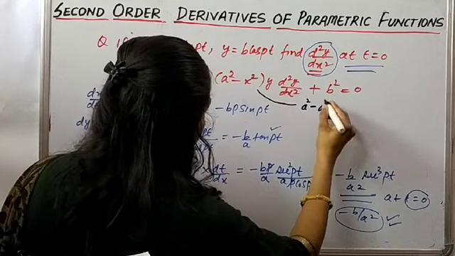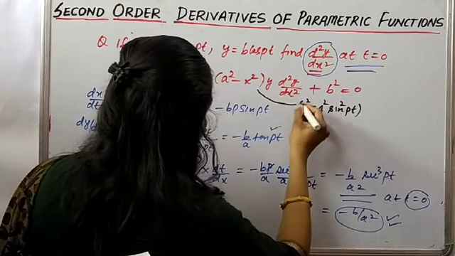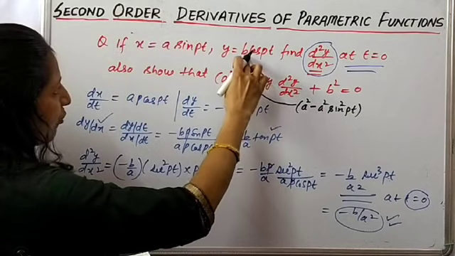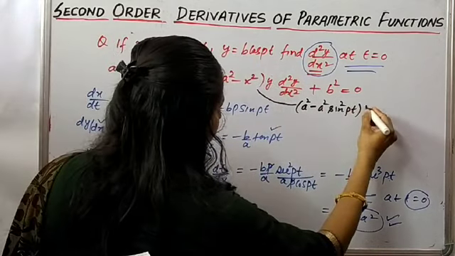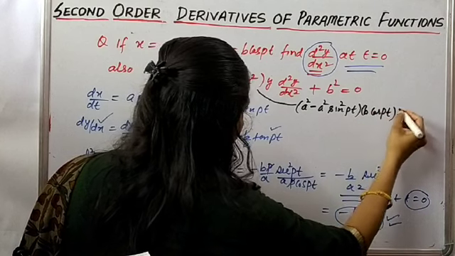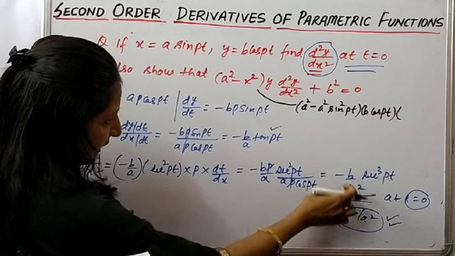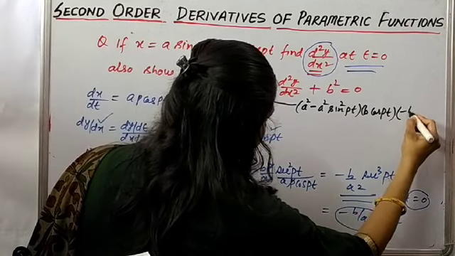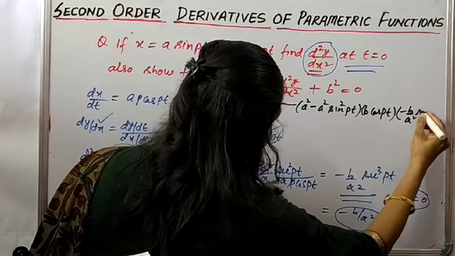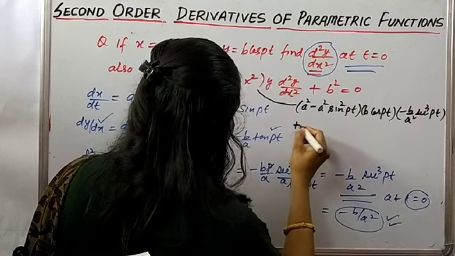So it will be a square sin square pt. Okay. The value of y is b cos pt. Okay. Into d2y upon dx square. Yes, its value is minus b upon a square into secant cube pt, plus b square.